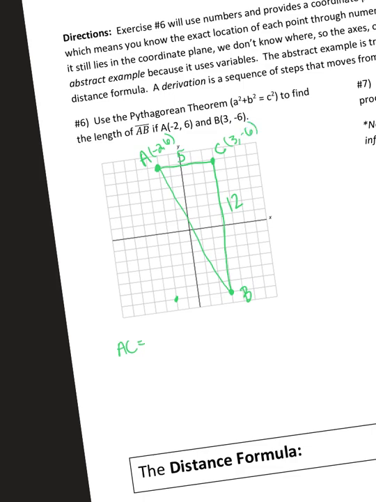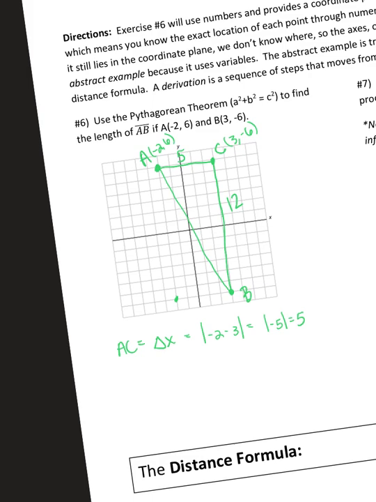So the difference for AC, that's a horizontal change, so that's a change in our x's, and that's equal to the absolute value of negative 2 minus 3, the absolute value of the difference, which is the absolute value of negative 5, which is 5, and we were able to count and see that, okay?